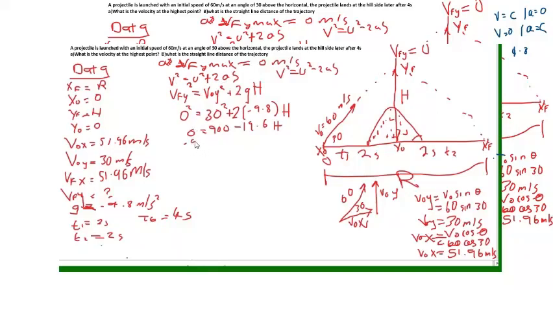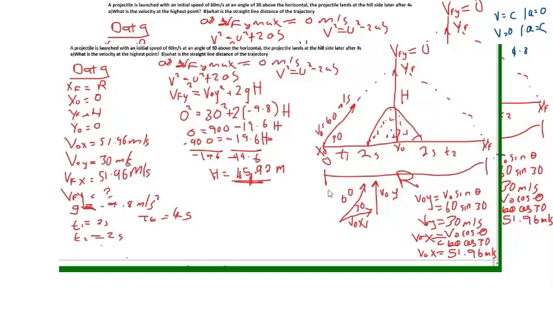So negative 900 is equal to negative 19.6 h. Then you do your algebra there, and h is equal to 45.92 meters per second. Oh no, not per second, meters. I'm now used to the velocity. It is meters because it's the height. Sorry. All right, so this is your answer, height.